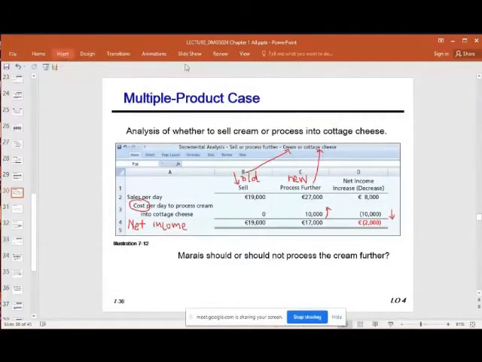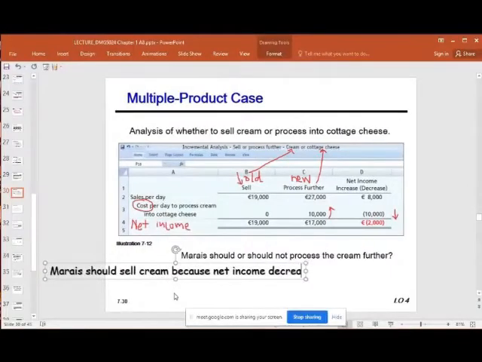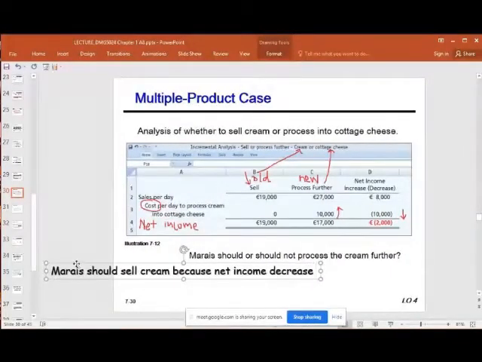So let's write our decision. Marias should what? Sell or process further, class? Negative. Correct. Should sell. Should sell cream, not cheese. Cheese means you process further. Should sell cream because net income decrease 2,000.